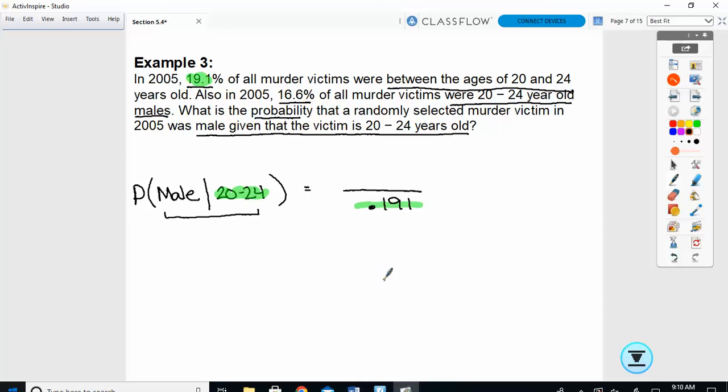So how many are male and 20 to 24? 16.6, so 0.166. So we get 0.8691.